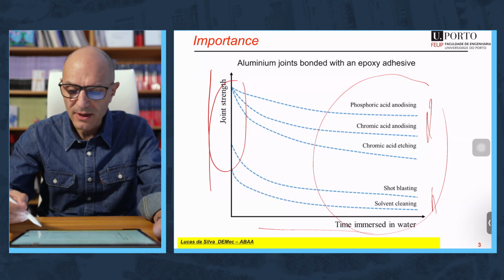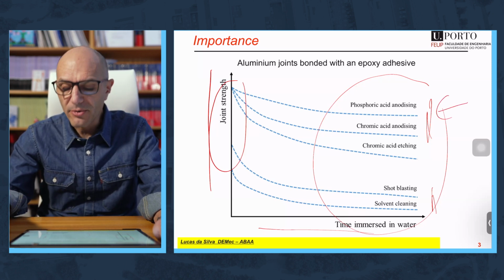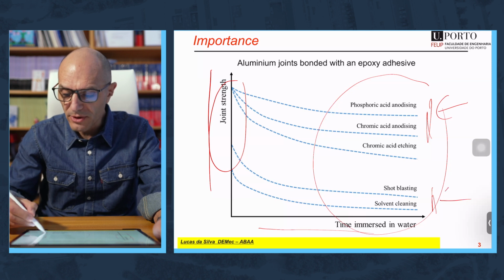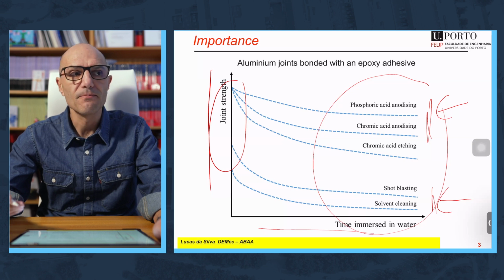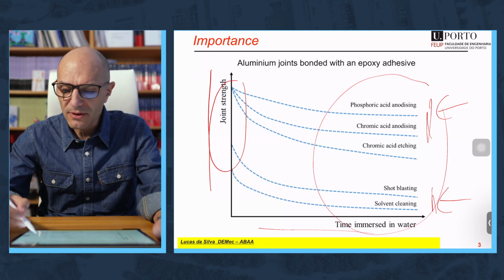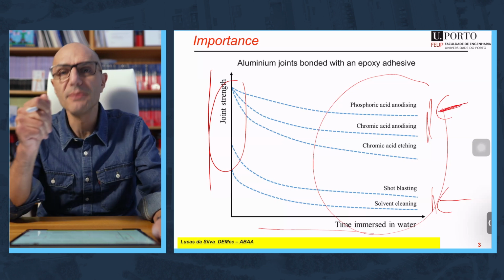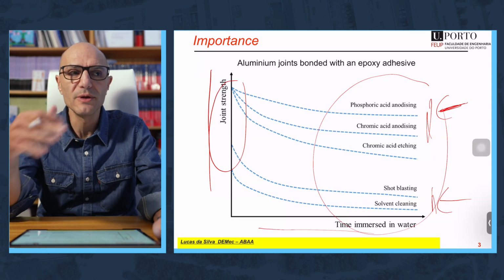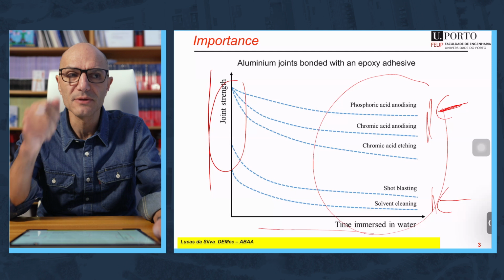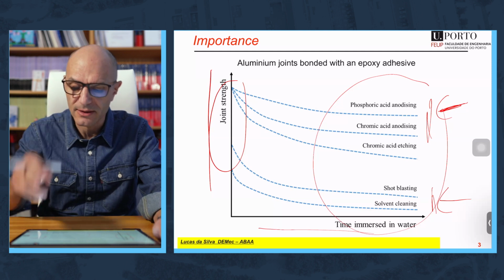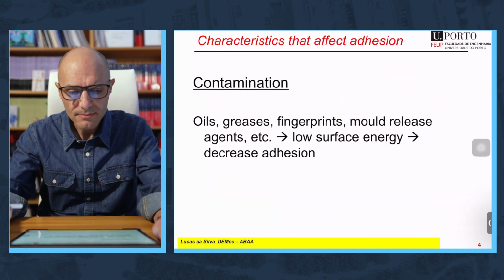It's with time that a fancy, elaborated surface treatment gives you much more than a simple surface treatment. In other words, you need a sophisticated surface treatment if you want to have durability, if you want to have a joint that will withstand load in 10 or 20 years. Surface treatment is particularly important for that, for durability.